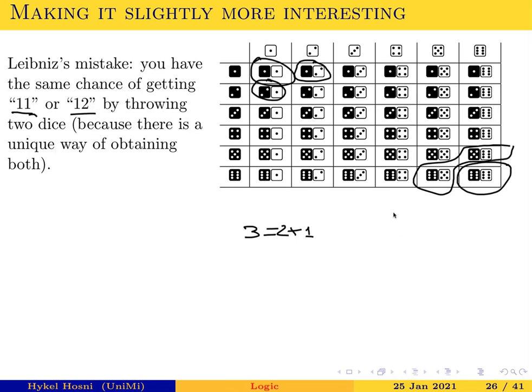So the probability of getting 11 is strictly greater than the probability of getting 12. You can do this now because your mathematics is good enough to know everything you need to know about Cartesian products. Leibniz didn't actually have that.